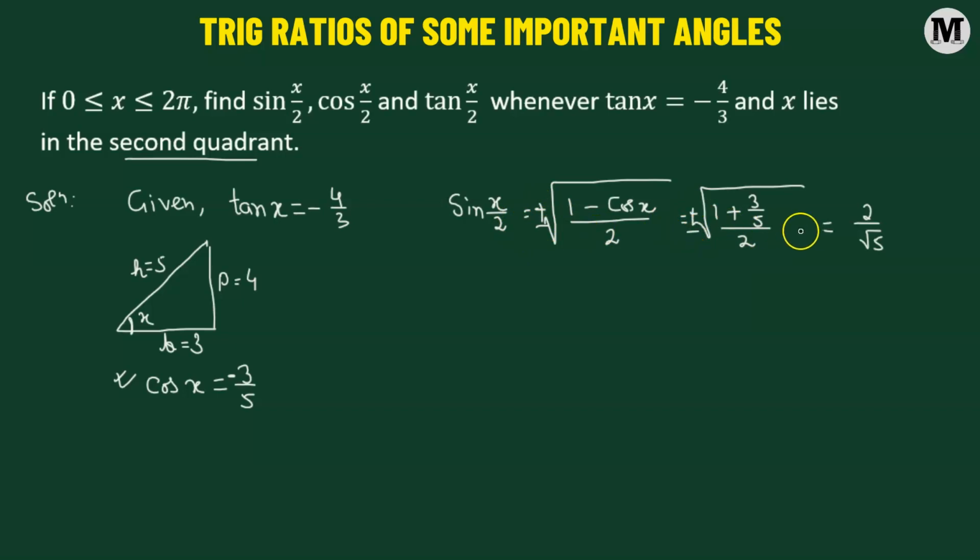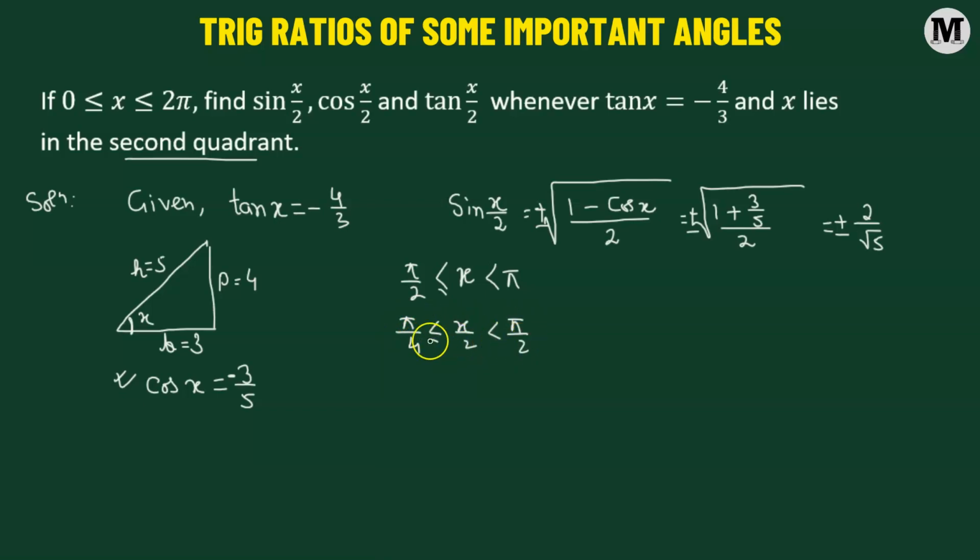Now actually, it's always a plus or minus value. So it could be either positive or negative, and we'll have to make sure which. It's given here that x lies in the second quadrant. In the second quadrant, the value of x is going to lie between pi/2 and pi radians. But we need the value of x over 2, so we'll divide throughout by 2. We get pi/4 less than x over 2, which is less than pi/2.